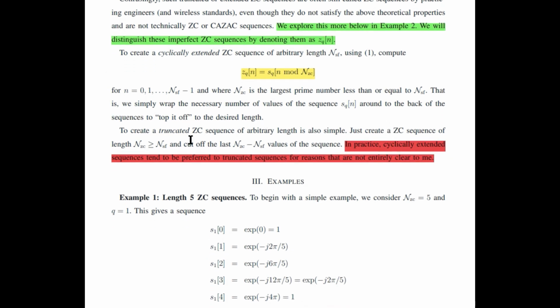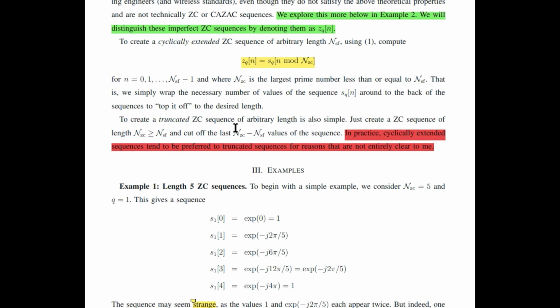To create a truncated ZC sequence is also simple: a ZC sequence of length NZC is always greater than or equal to NSF, because NZC is a prime number. Then we cut off the length NZC minus the required value.